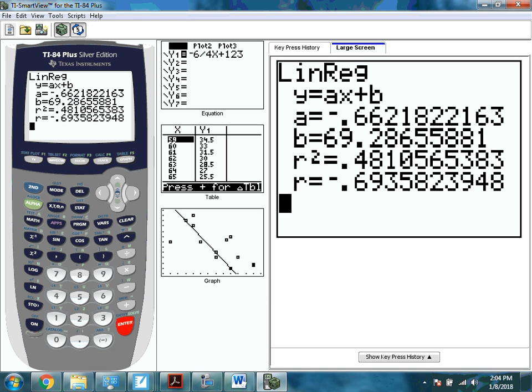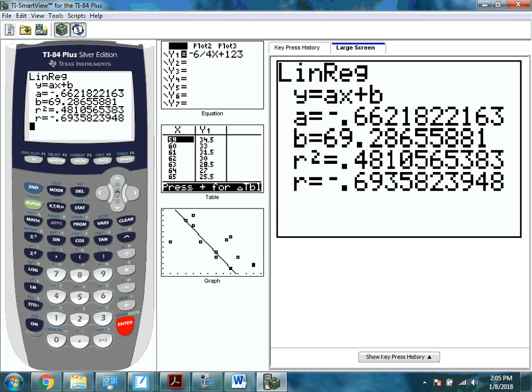So what that means is that the calculator found the best fit line to be y equals negative 0.66x plus 69. That is the best fit line the calculator found. Notice the R value. The R value is negative 0.69. So, 69% good in terms of a model.